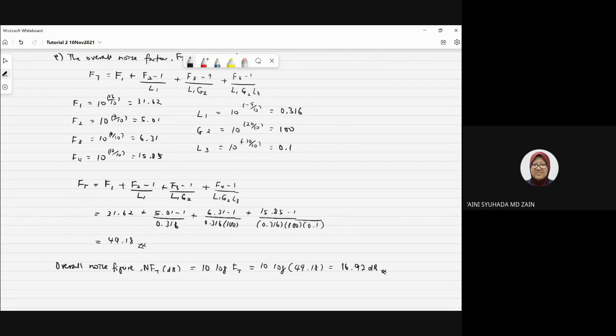So the noise figure and noise factor are basically related to each other. The noise factor is in absolute value, and the noise figure will be the value of that noise factor in dB.